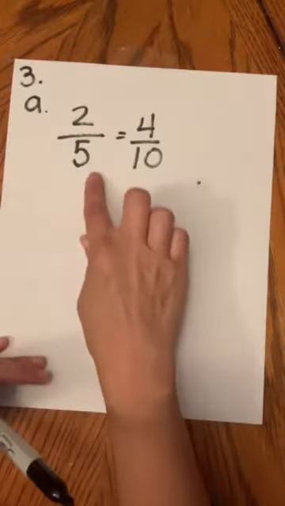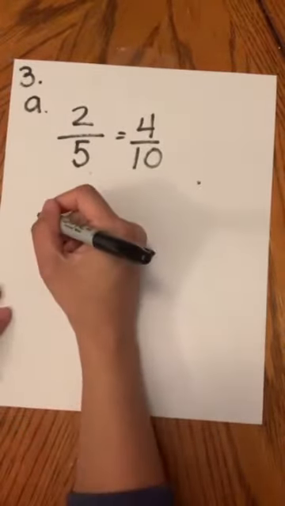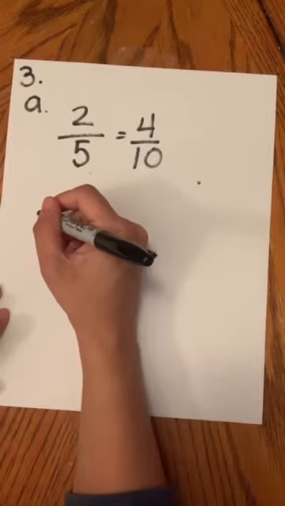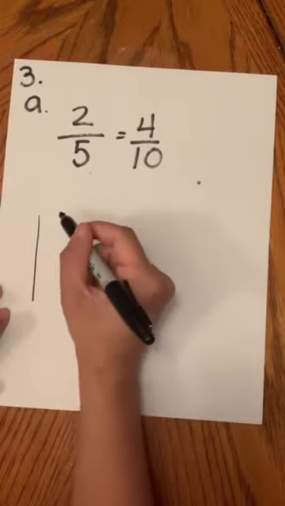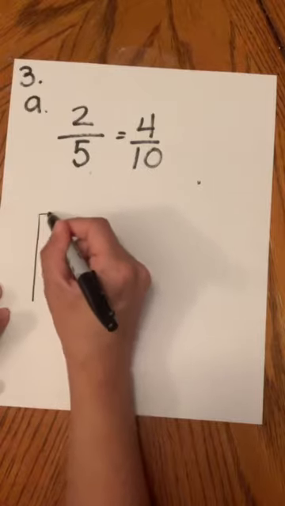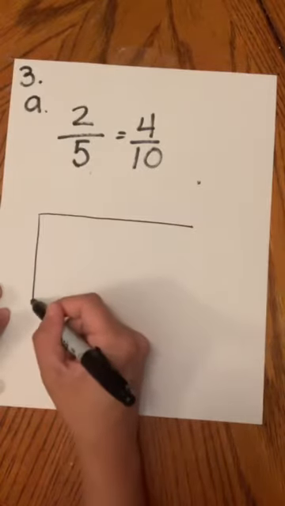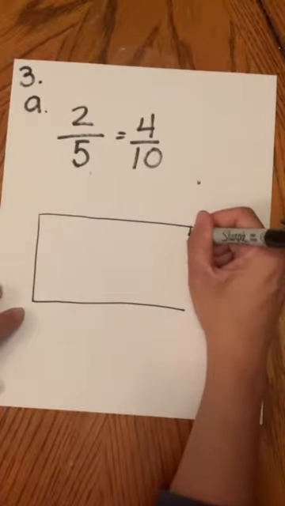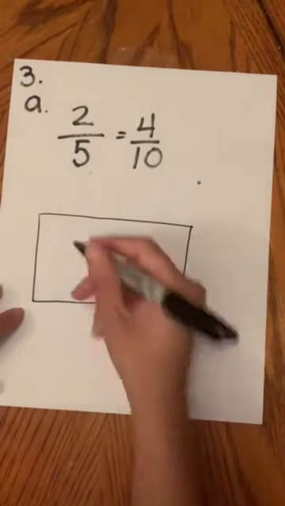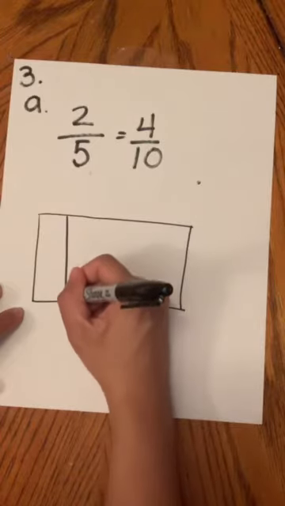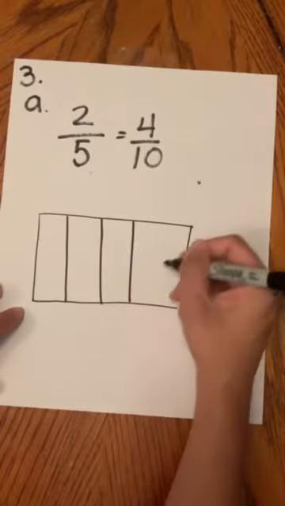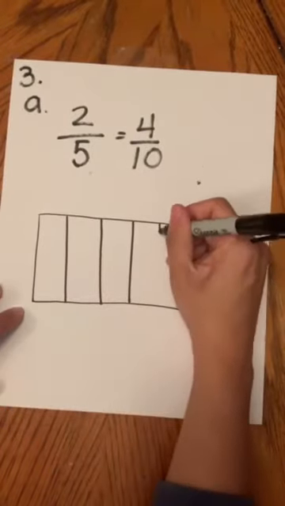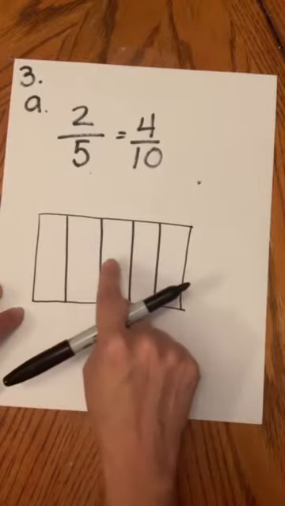Let's just focus on this fraction first. So, sure, I can do fifths. Why not? Yeah, let's do it. Okay, and I'm going to do fifths. 1, 2, 3, and one more line. 1, 2, 3, 4, 5.